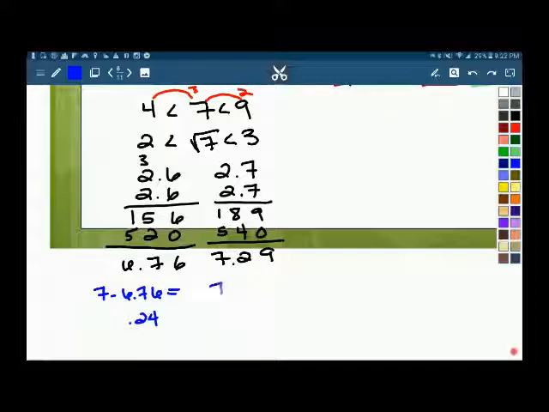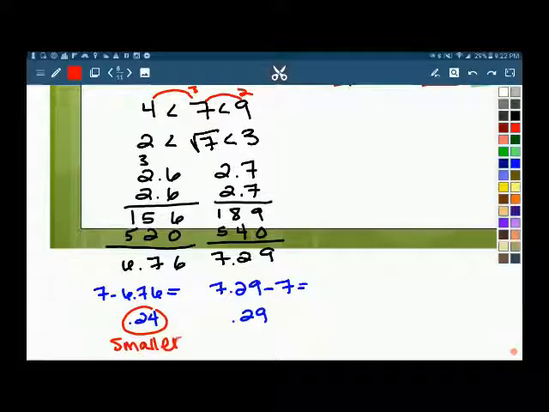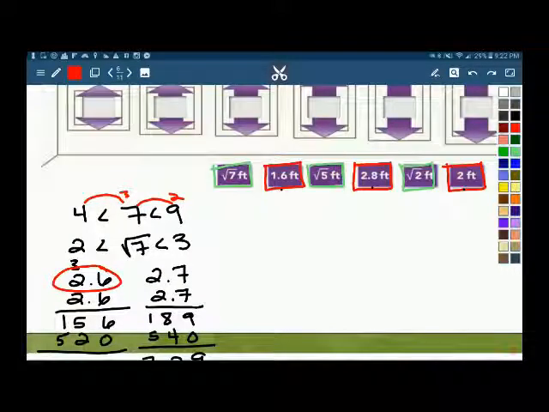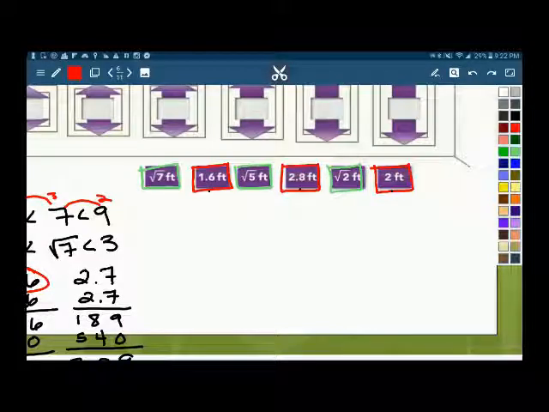And then 7.29 would be 0.29 away. So since 0.24 is smaller, meaning closer, that means that 2.6 is a better approximation for the square root of 7. Okay, so I'm actually going to write that underneath my list right now. This one is 2.6 approximately. And now I'm just going to continue doing that for the rest of my square roots, for square root of 5 and square root of 2.